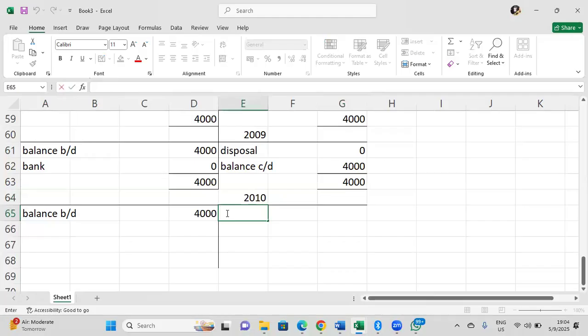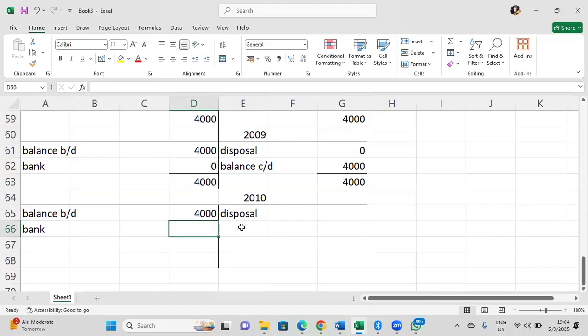In 2010, did we sell? Yes, we sold. That's the year we sold the asset. So there is disposal. Did we buy anything for bank? No, we don't have a bank.